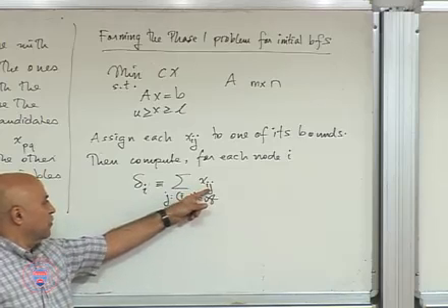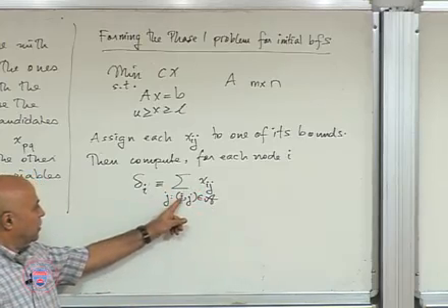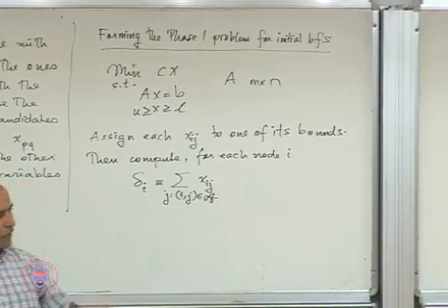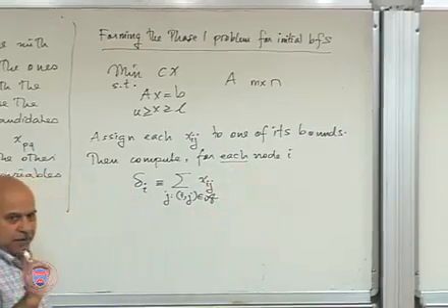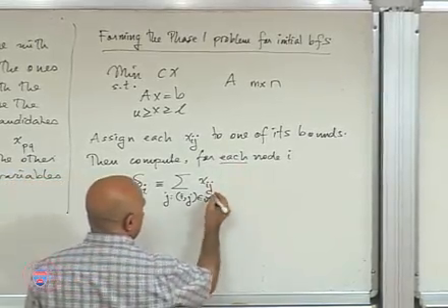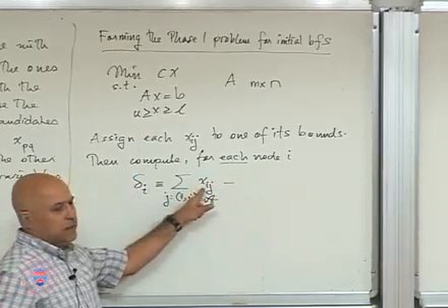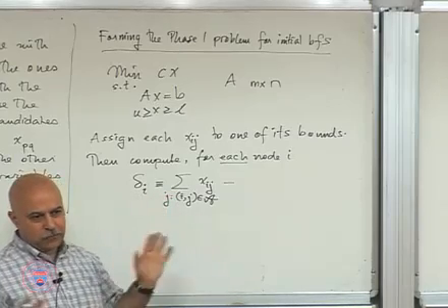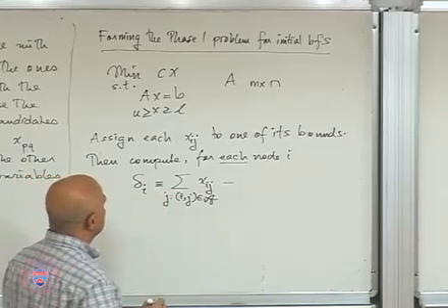You sum over those indices j for which ij is a defined arc. This is for fixed i. So that's the outflow. What are these xij's? They are either lower bounds or upper bounds, whatever you fix them at. So they are known numbers.